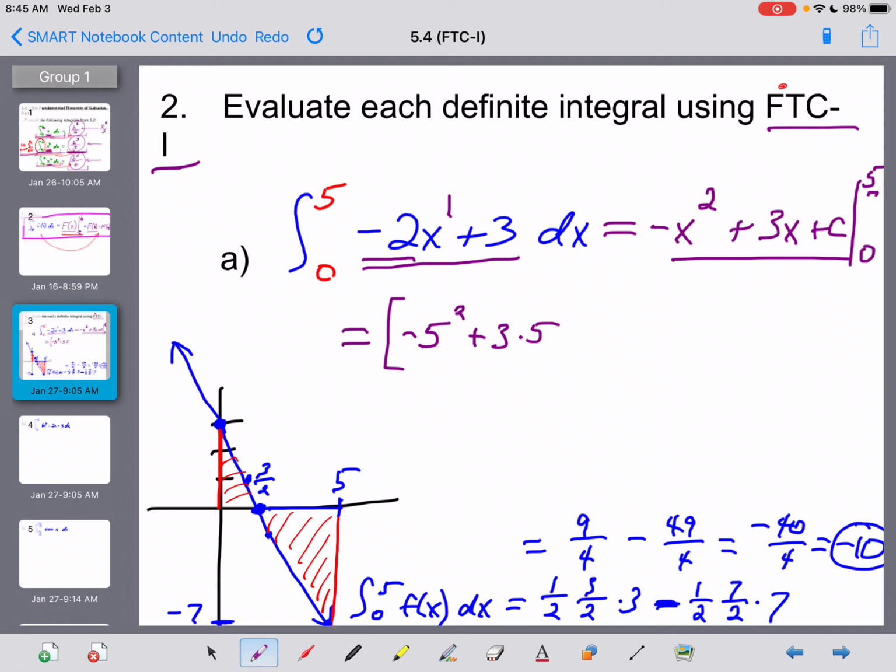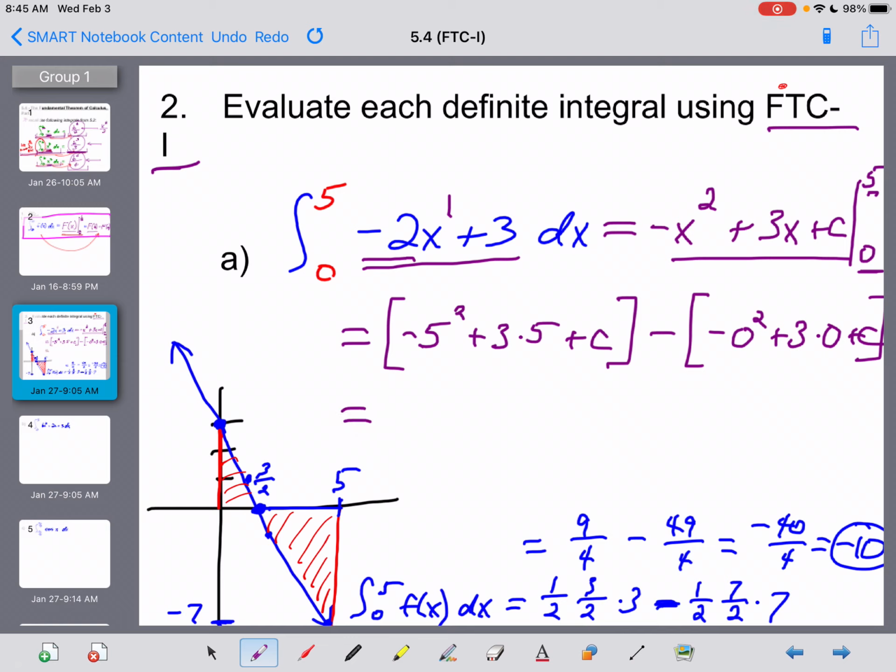We don't know the value of c, so I just leave it as plus c. Then we subtract from that the expression capital F of a, and we put a 0 in there. So that is going to be the opposite of 0 squared plus 3 times 0, and then again a plus c right there. And let's see where we're at now, guys.